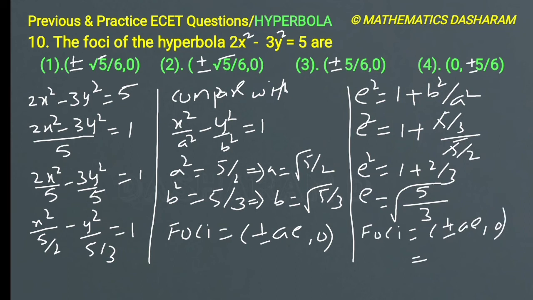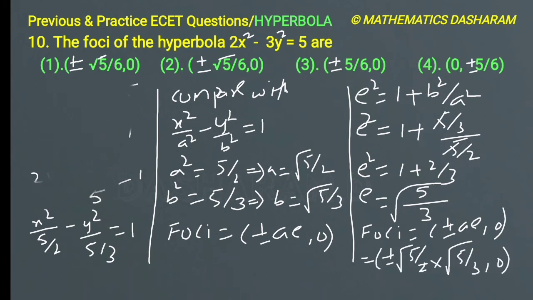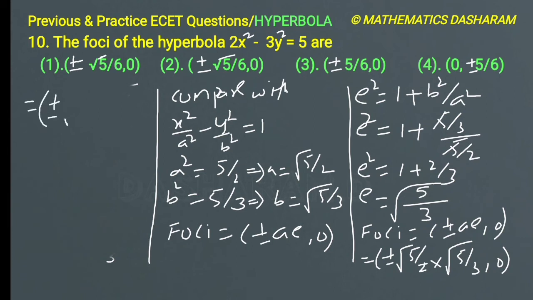So next find out the foci: plus or minus a value under root 5 by 2 into e value under root 5 by 3 comma 0. So let us simplify this. So it equals plus or minus under root 5 by 2 into 5 by 3 comma 0.